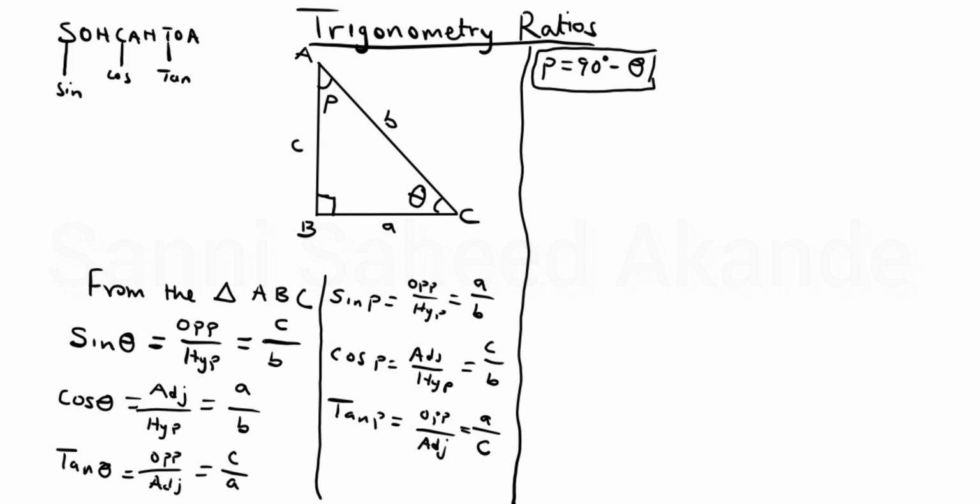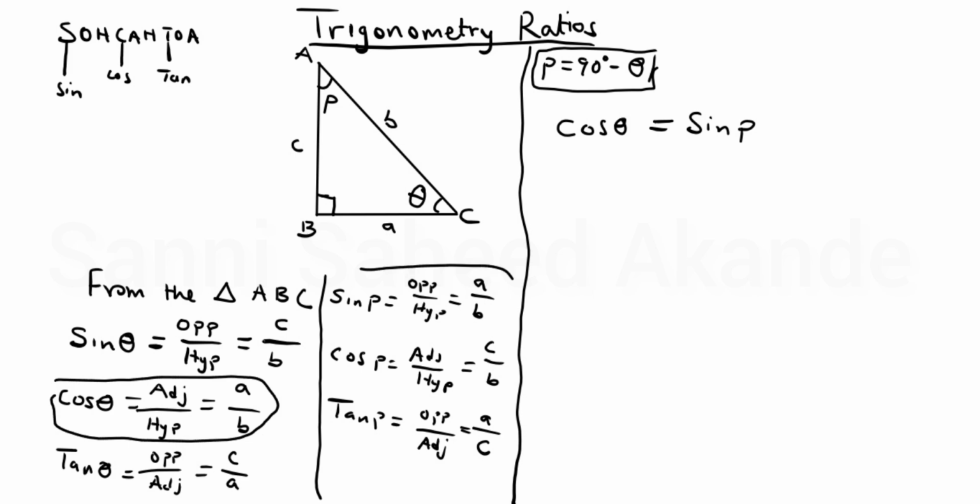You will discover that cos theta is the same thing as sine P. See cos theta here, and see sine P here. You can see that both of them are A over B. Understood? That is what I have just brought out here.